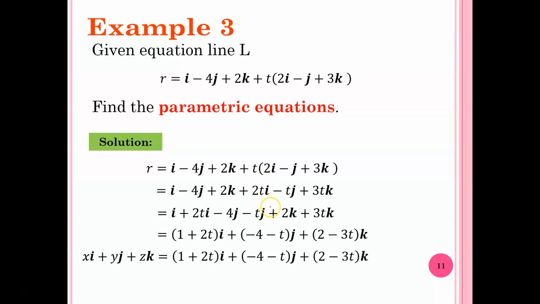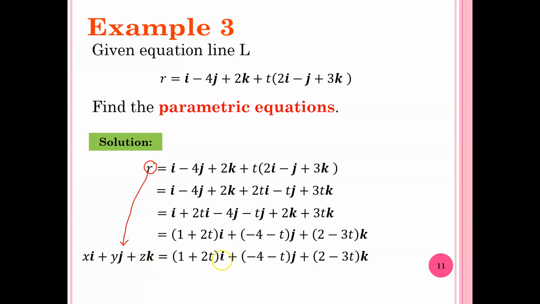So what happened is that here I have expanded it. This r is actually equal to xi plus yj plus zk. So that is actually r.